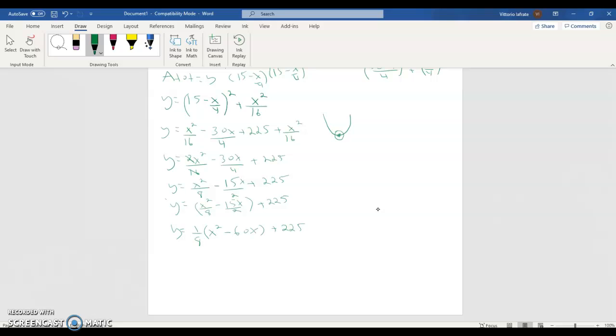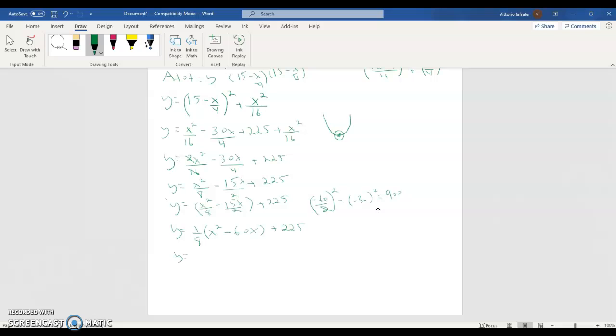I'm going to find the value required to make this a perfect square. So I just do minus 60 over 2 squared, which is minus 30 squared, which is 900.